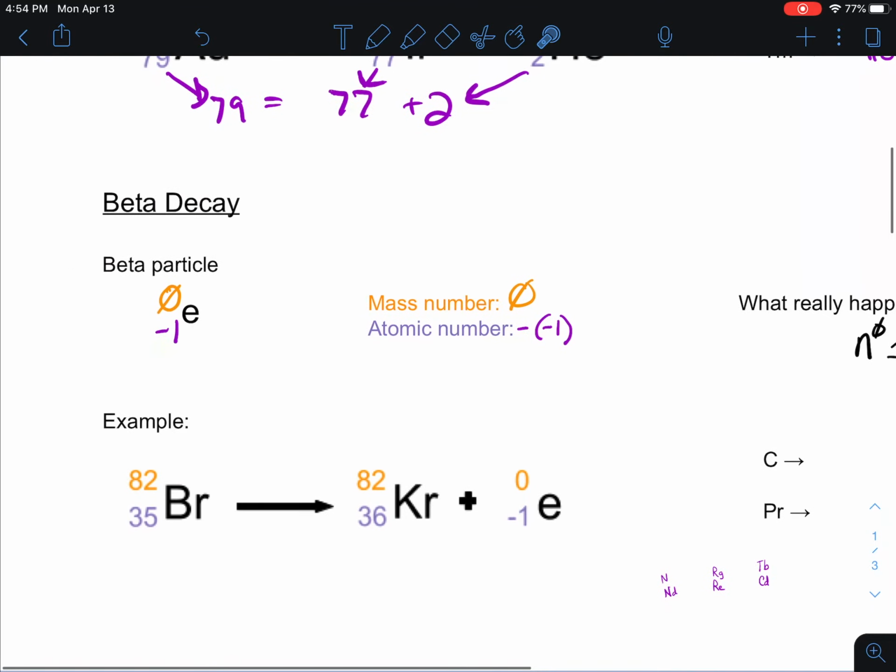For instance, bromine 82 turns into krypton 82. The mass number did not change because 82 goes to 82 plus 0, which is still 82. But what happened is the atomic number, it was 35. It goes up by 1 to 36. And 36 plus -1 is also 35.